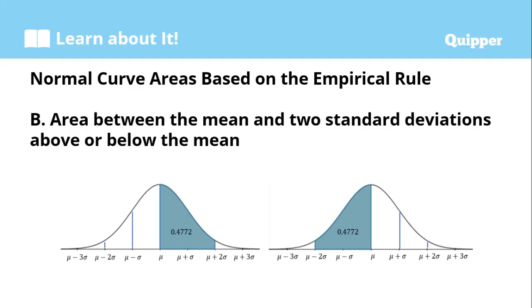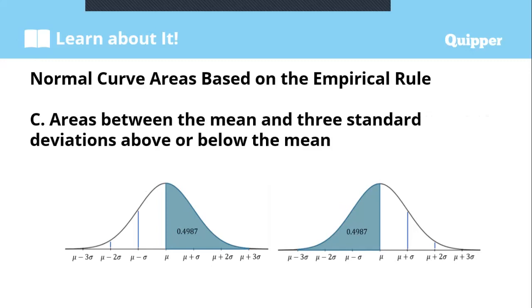Then for 3 standard deviations, we also divide by 2, so 0.4987 above and 0.4987 below, minus. Okay?